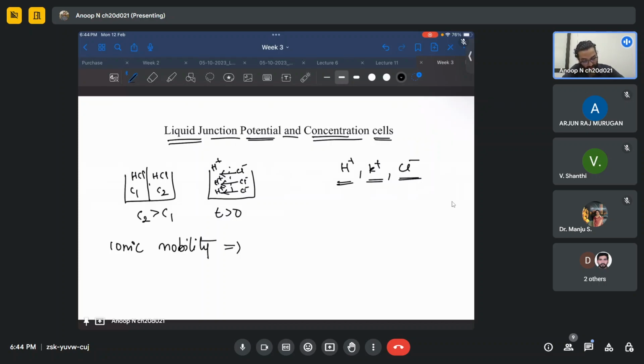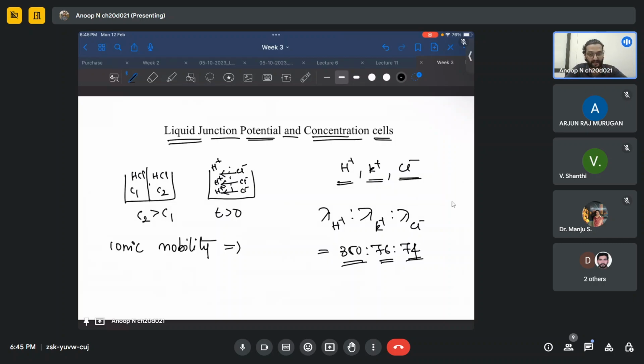When we write lambda for H plus, K plus and Cl minus, the ratio will be 350 to 76 to 74. You can see that hydrogen moves faster because it has a higher ionic mobility compared to K plus and Cl minus.